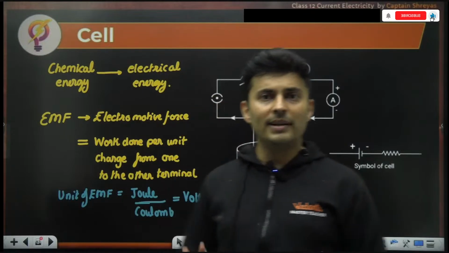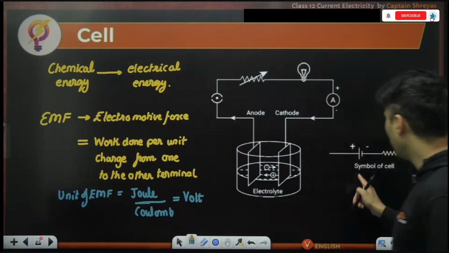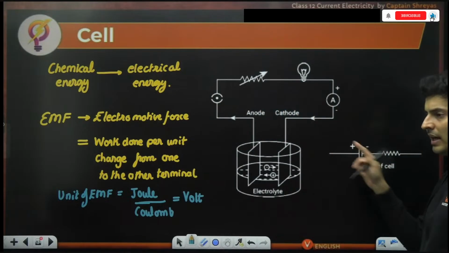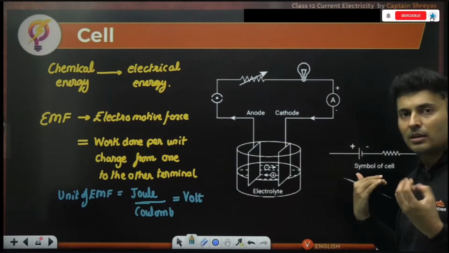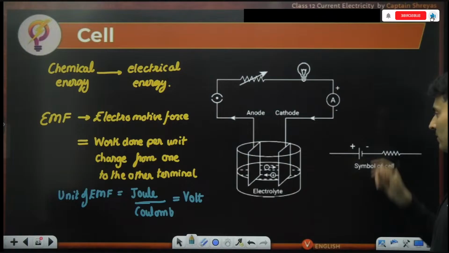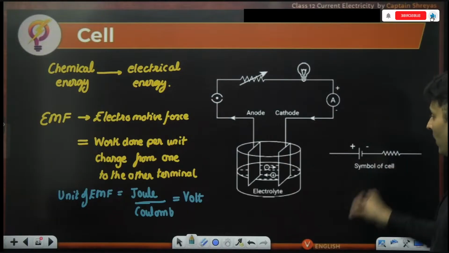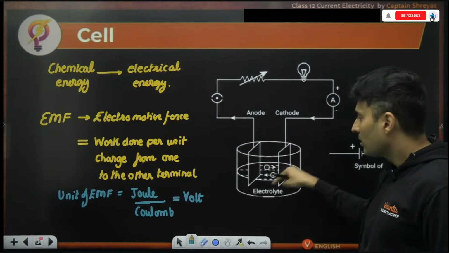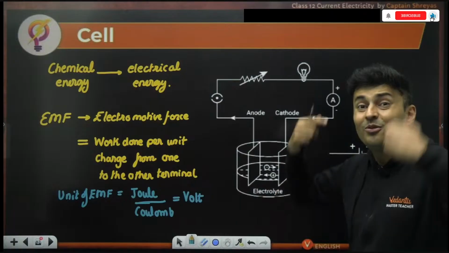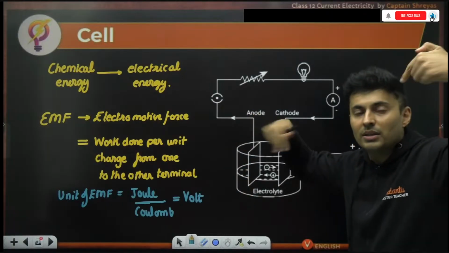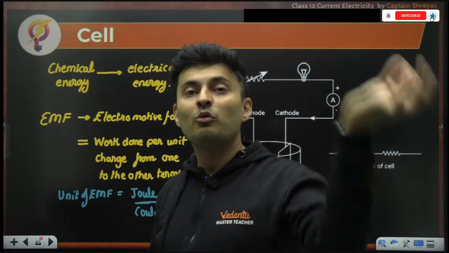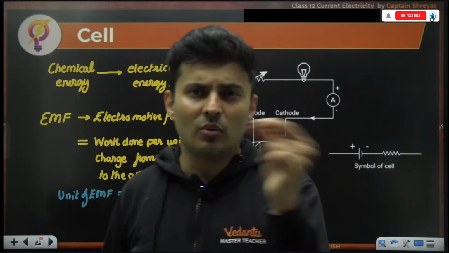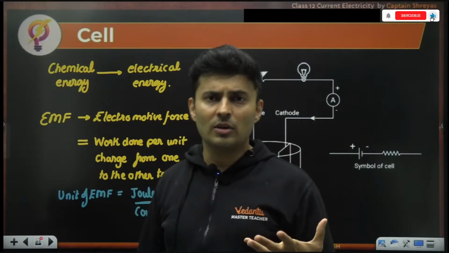The symbol of a cell, we all know, one big line and one small line. The big line is the higher voltage, the smaller line is the lower voltage, positive and negative terminal. But as the charges move within the battery, not outside, they might encounter some resistance within that electrolyte, whatever that liquid or solid is there.